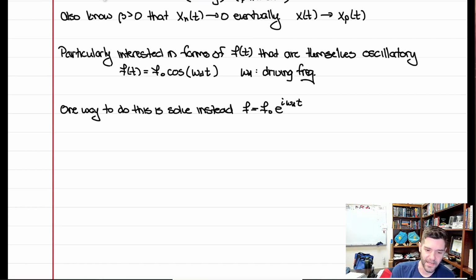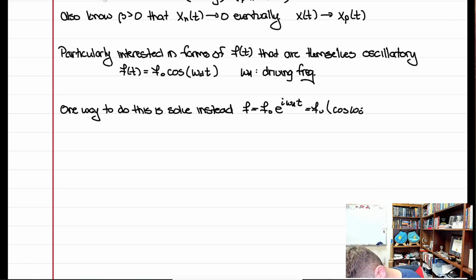So you treat it as a complex exponential instead, which, remember from Euler's formula, is cosine of omega d times t plus i sine of omega d times t.